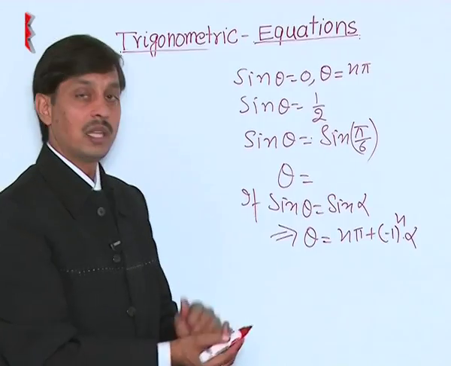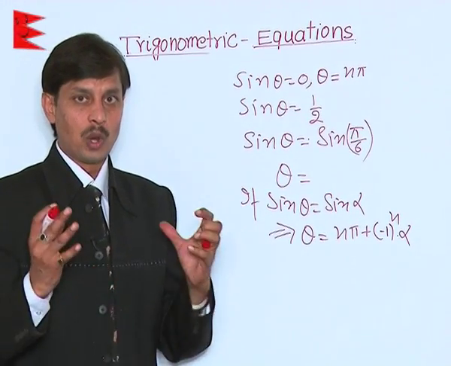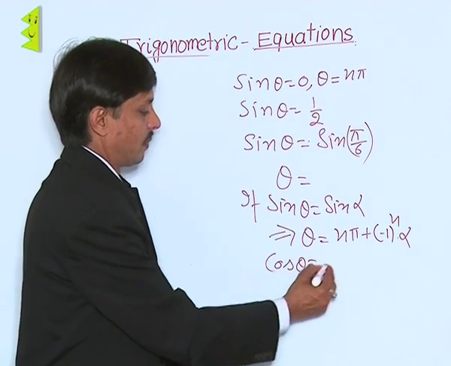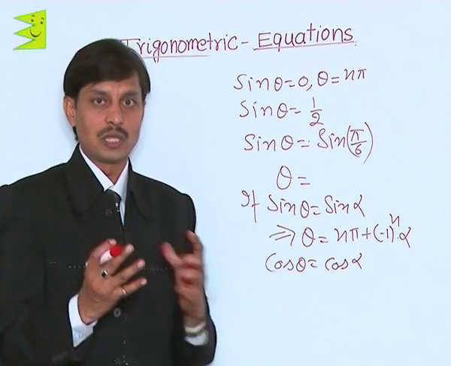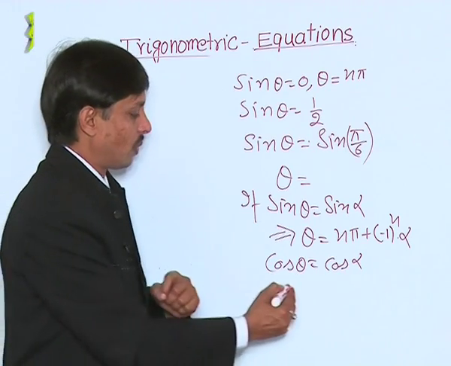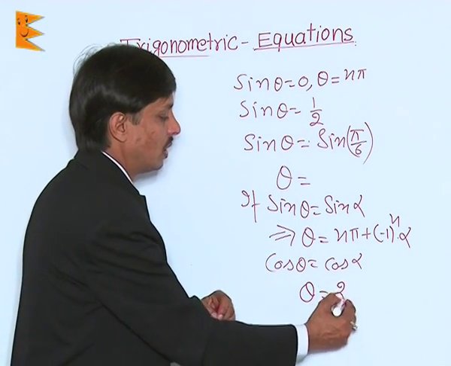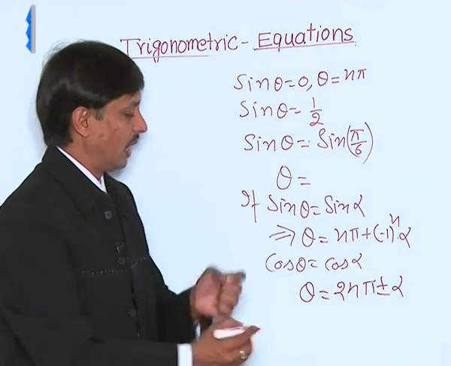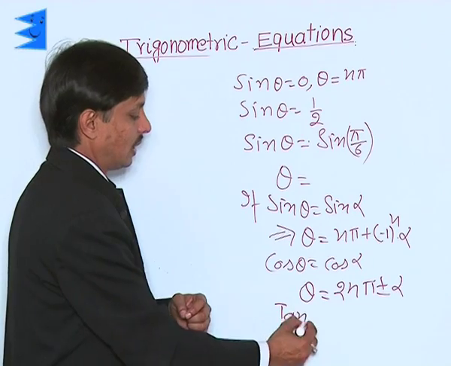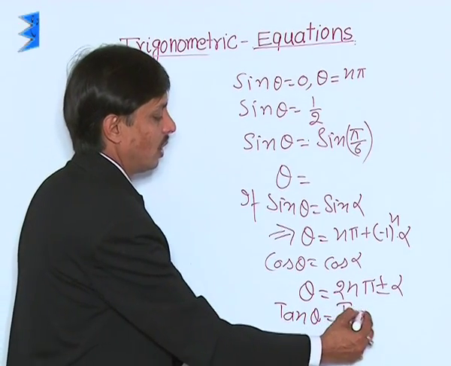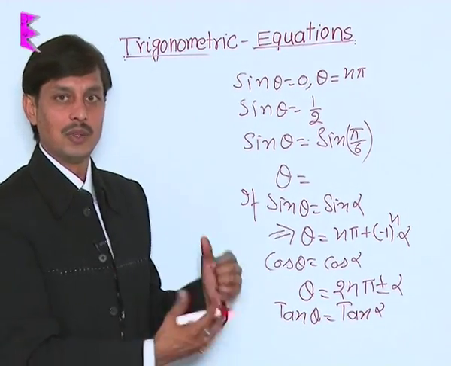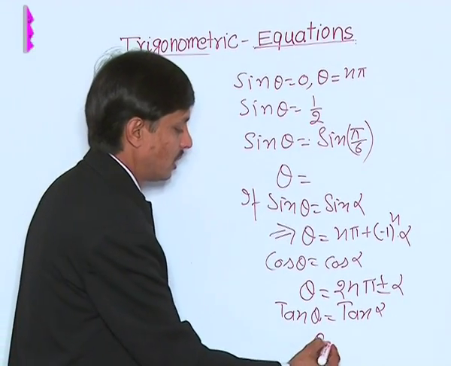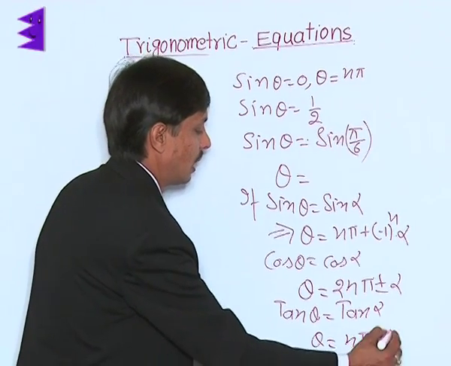Then for cos theta is equal to cos alpha, the formula for theta comes to be 2n pi plus or minus alpha. And the last one, if tan theta is equal to tan alpha, then the result is theta is equal to n pi plus alpha.